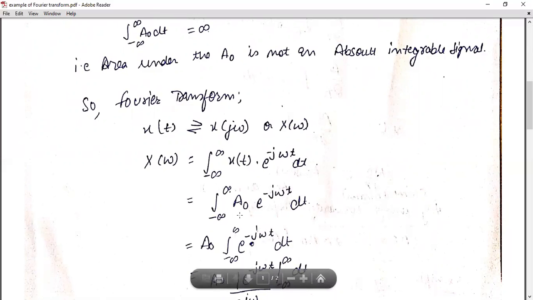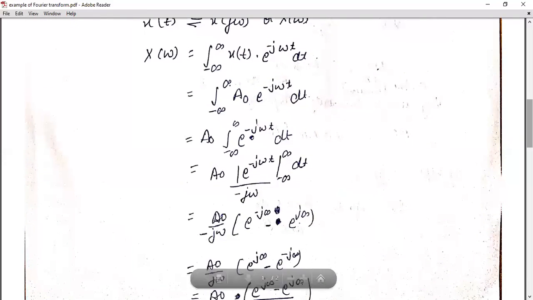Again, a naught is a constant value, so bring it out. So a naught times the integral from minus infinity to infinity of e raised to minus j omega t dt. By integrating this, we get a naught e raised to minus j omega t divided by minus j omega, from minus infinity to infinity. Minus j omega is again a constant value, so we can write it as a naught over j omega.